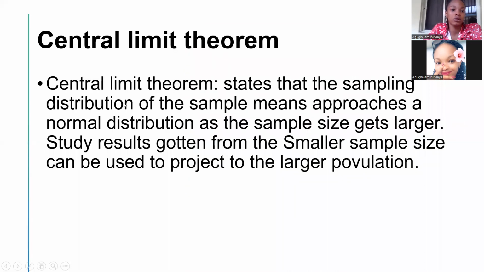Okay, so what is central limit theorem? The central limit theorem states that the sampling distribution of the sample means approaches a normal distribution as the sample size gets larger. Study results gotten from the smaller sample size can be used to project to the larger population.